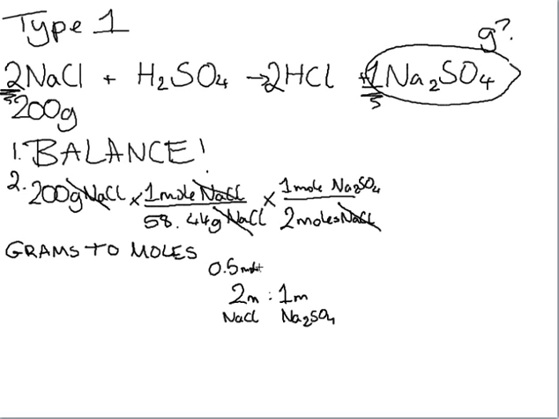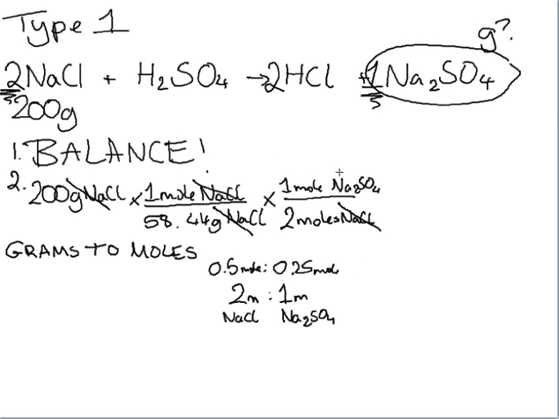If the ratio is this, what it's saying is that Na2SO4 is half of NaCl, because 1 is half of 2, right? So how many Na2SO4 would you get if you have 0.5 moles of NaCl? It's very simple. You just halve it. So you'd get 0.25 moles of Na2SO4. It's really easy.